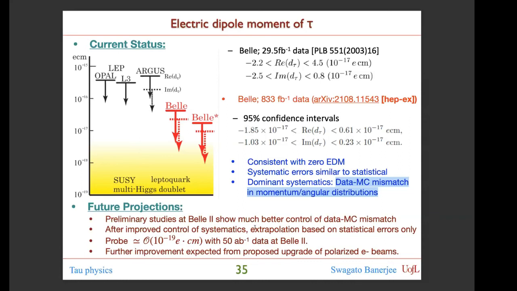And thus we make an extrapolation based on the statistical error, and we expect to be able to probe to 10 to the power minus 19 with 50 ab^-1 of data. There is a very interesting proposal to upgrade the SuperKEKB collider with polarized electron beams, and that will also provide further improvement in the sensitivity in the electric dipole moment.